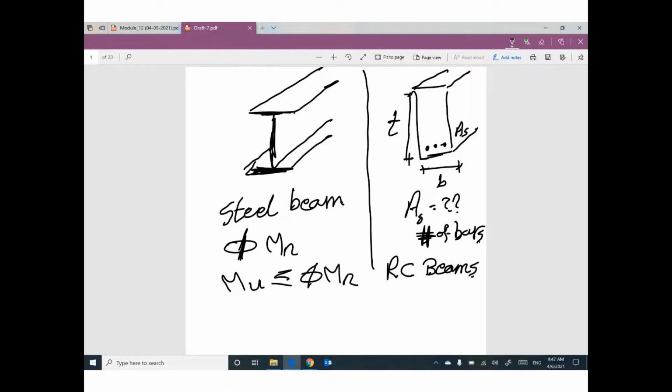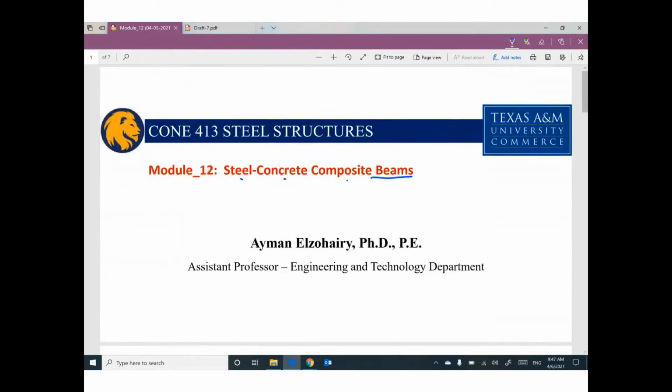So we learned before the design of reinforced concrete beam and the design of a steel beam. But today we will design steel, concrete, composite beams.